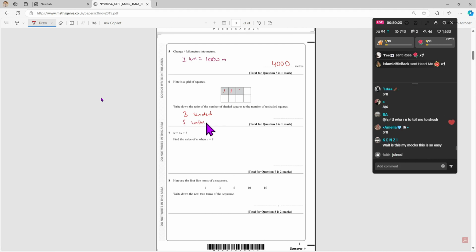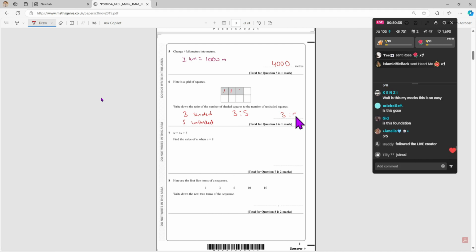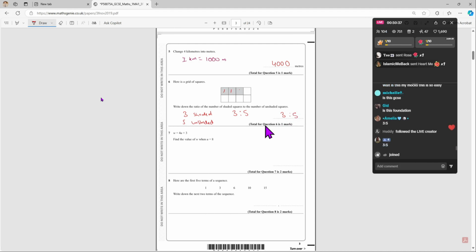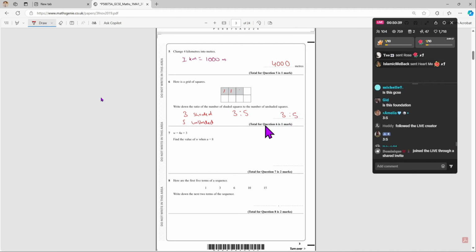So it's going to be 3 to 5, and that will be your answer. Well done, guys, for getting that correct. That is very, very easy.